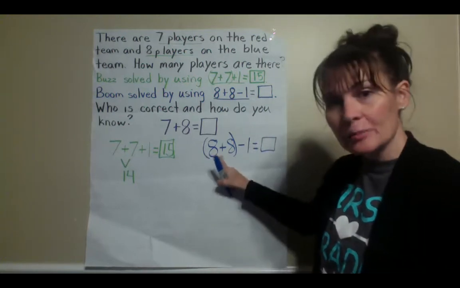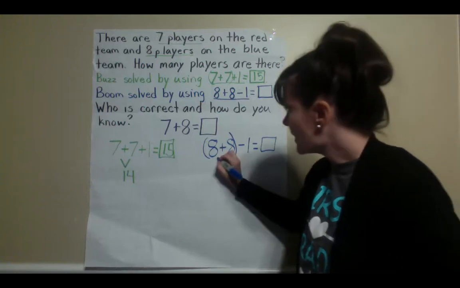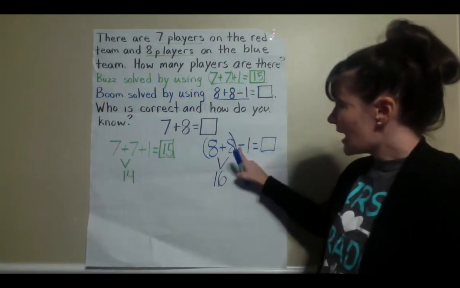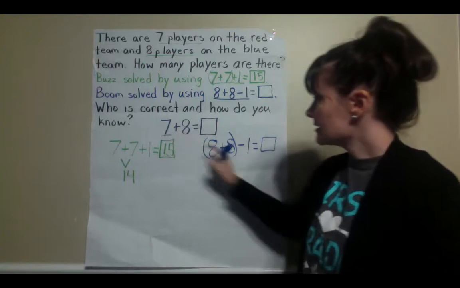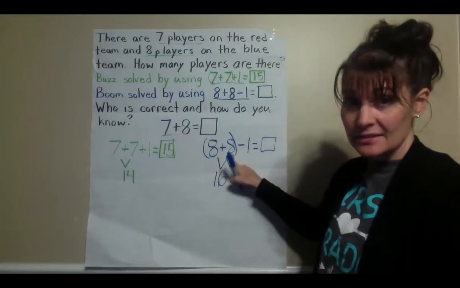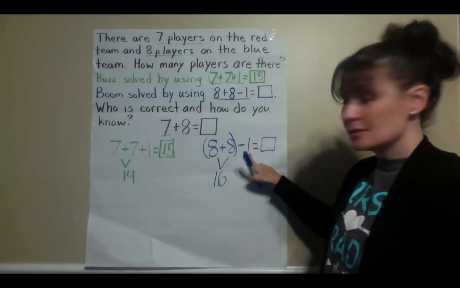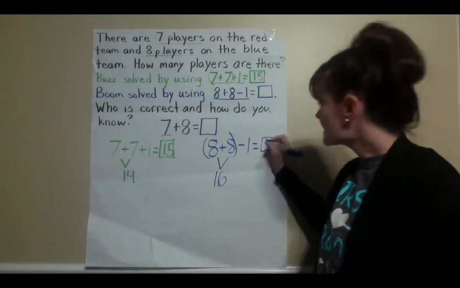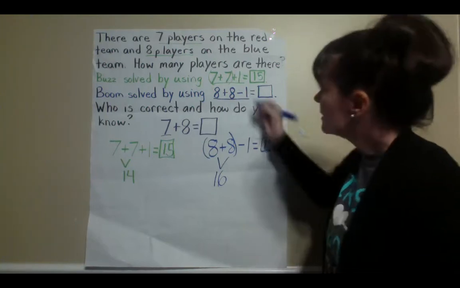What is 8 plus 8? That's right, it's 16. And I would have to minus 1 because this 7 is 1 less than this 8. So 16 minus 1 would be, that's right, it's also 15.